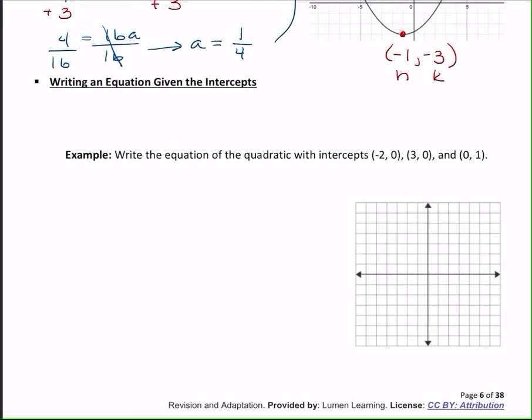On this next example, we're going to write an equation given the intercepts. Now, what you're going to do here is use the linear factors given by the intercepts, and I'm talking about the x-intercepts.